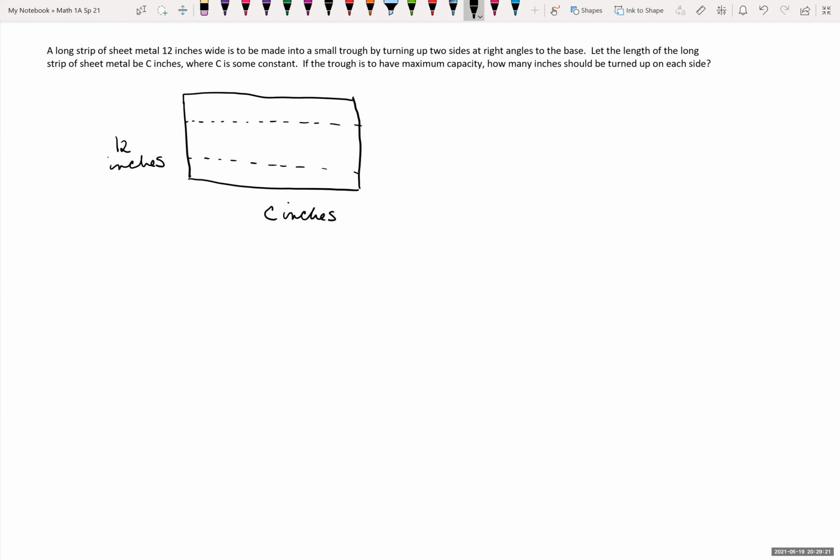And if we fold these up at a right angle, basically this height now, when we fold this up, is equal to x. So the height of that trough is x. But this base now, because this whole thing was 12, this base in here is 12 minus 2x.